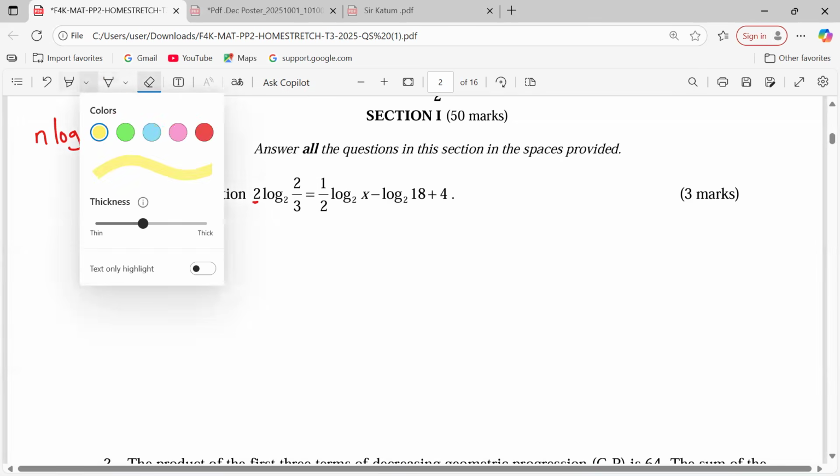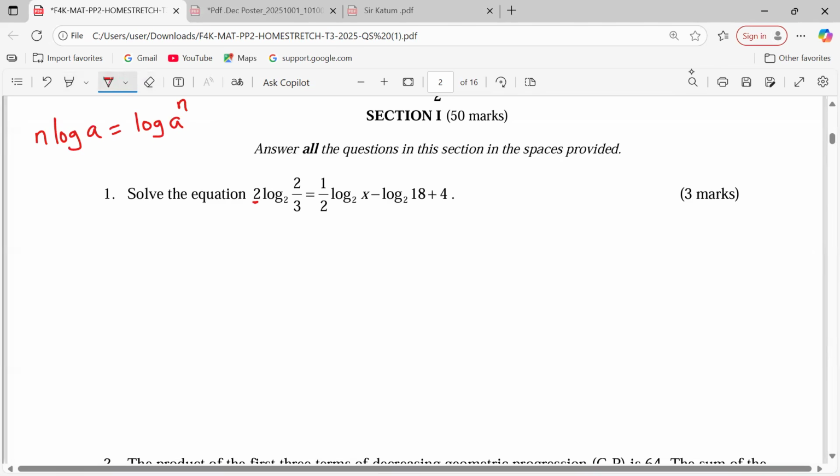So with that understanding, we can apply the law, and that way we shall remain with the log to base 2 of 2/3 raised to power 2 equals the log, we are applying the same, to base 2 of x power half, which means square root. Then minus the log to base 2 of 18.